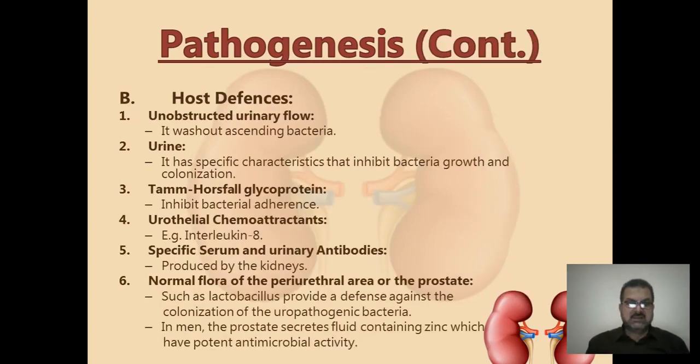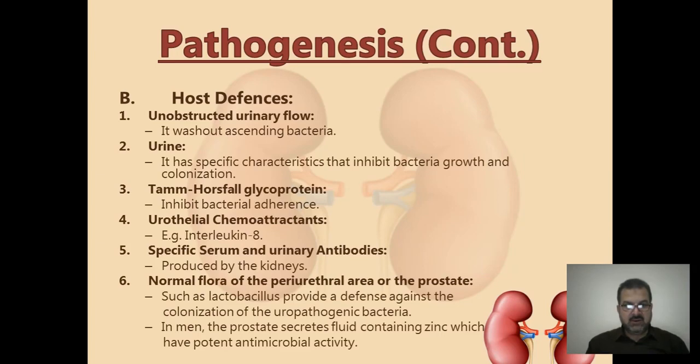This is very basic. Host mechanisms. The most common host mechanism is the continuous flow of urine because it washes away the bacteria. Urine itself has specific inhibitors for the bacteria. Host glycoprotein also inhibits bacterial adherence. Urethral chemoattractants like interleukins, and specific serum or urine antibodies are also there.